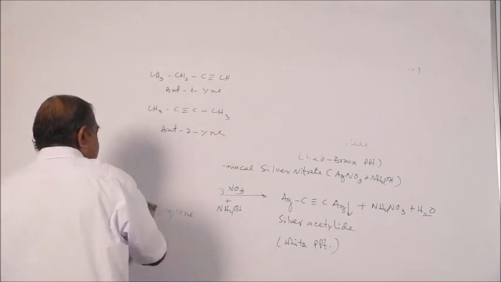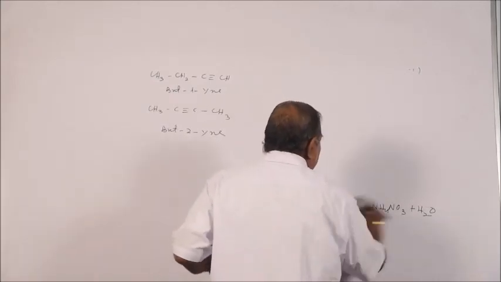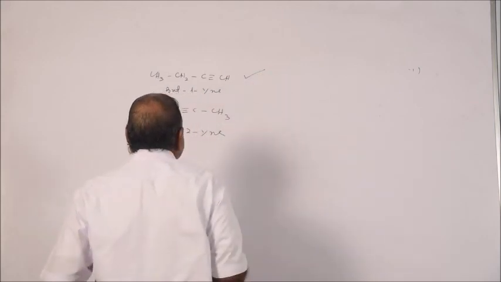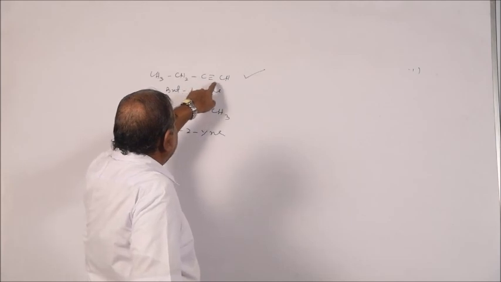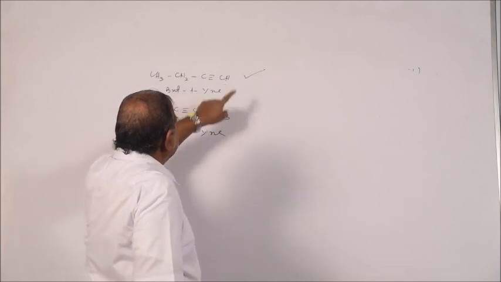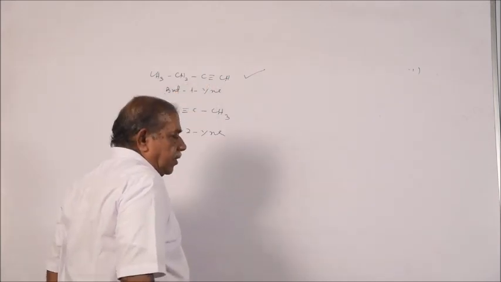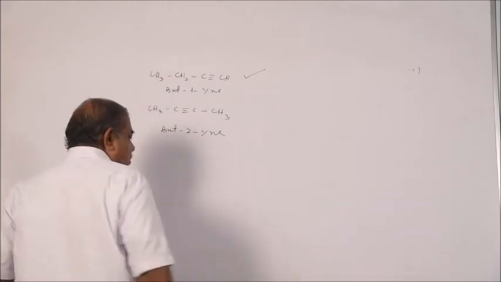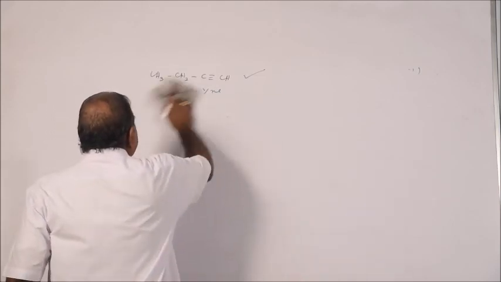Which of them respond to all these 3 reactions, or both of them respond, or none of them respond? Now this compound responds since it contains an acidic hydrogen atom, that is, the carbon atom having the triple bond contains an acidic hydrogen atom, but here no hydrogen atom is there. Therefore, but-1-yne will respond to ammoniacal cuprous chloride, ammoniacal silver nitrate, or metallic sodium or sodamide.